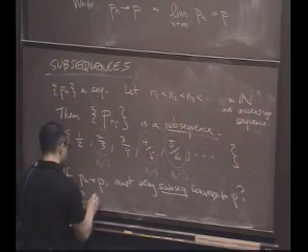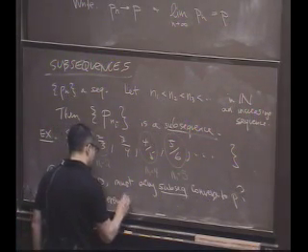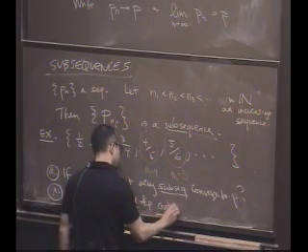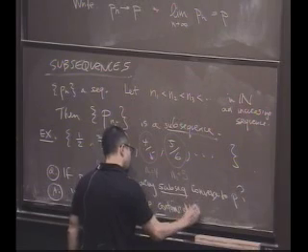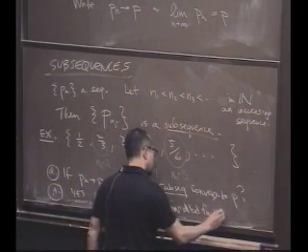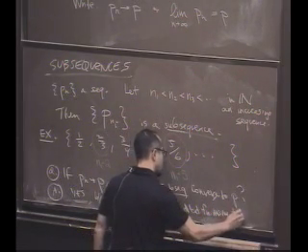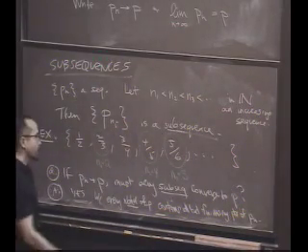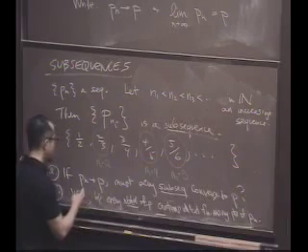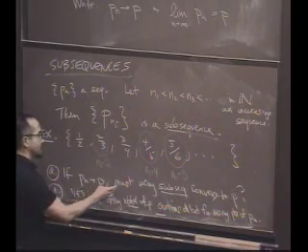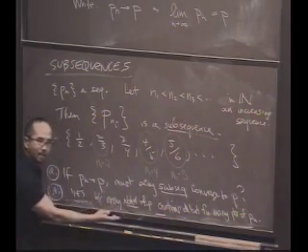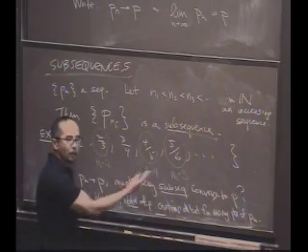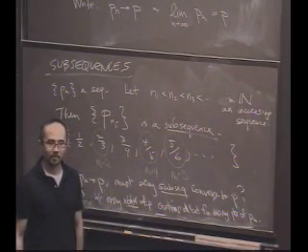So because every neighborhood of P contains all but finitely many points of Pn, if the sequence converges to P, then it's easy to show the subsequence converges to the same P. In fact, you can tell how far in the sequence you need to go, right?